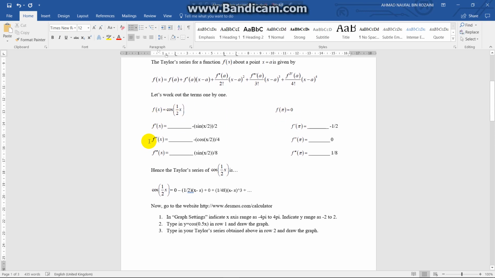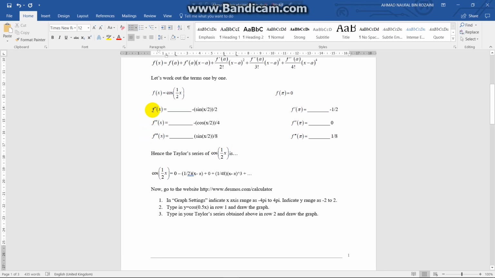Now moving on to the first order derivative, we differentiate from f(x), which was cosine half x, and it becomes negative sine half x over 2. By subbing a equals to pi, we have negative half, and so on and so forth.